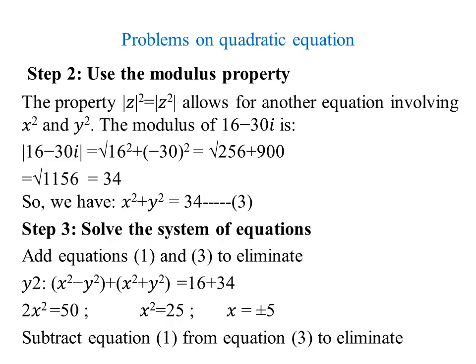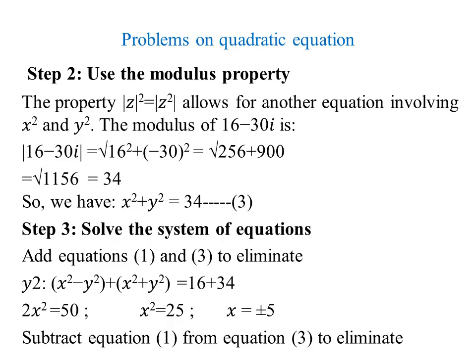Therefore, the modulus of 16 minus 30i is equal to root of 16 square plus minus 30 whole square, that is equal to root of 256 plus 900, that is equal to root of 1156, that is equal to 34. So we have x square plus y square is equal to 34. We call it equation 3.